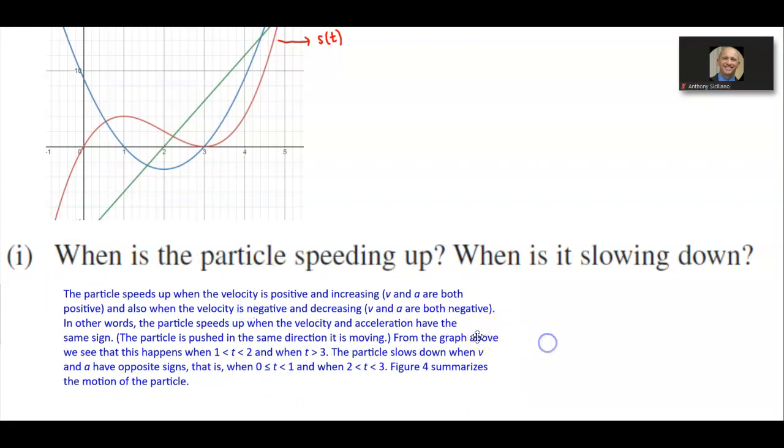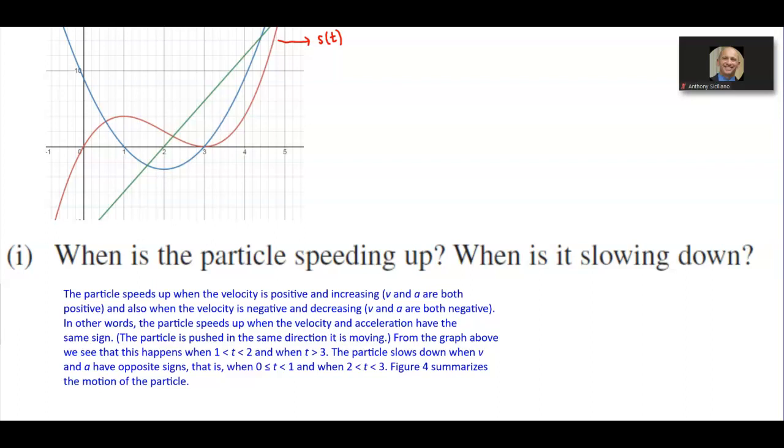Okay, so first thing is the particle speeds up when the velocity is positive and increasing, when the velocity and acceleration are both positive, and also when the velocity is negative and decreasing, where the velocity and acceleration are both negative. So in other words, the particle speeds up when the velocity and acceleration have the same sign. So the particle is pushed in the same direction it is moving.